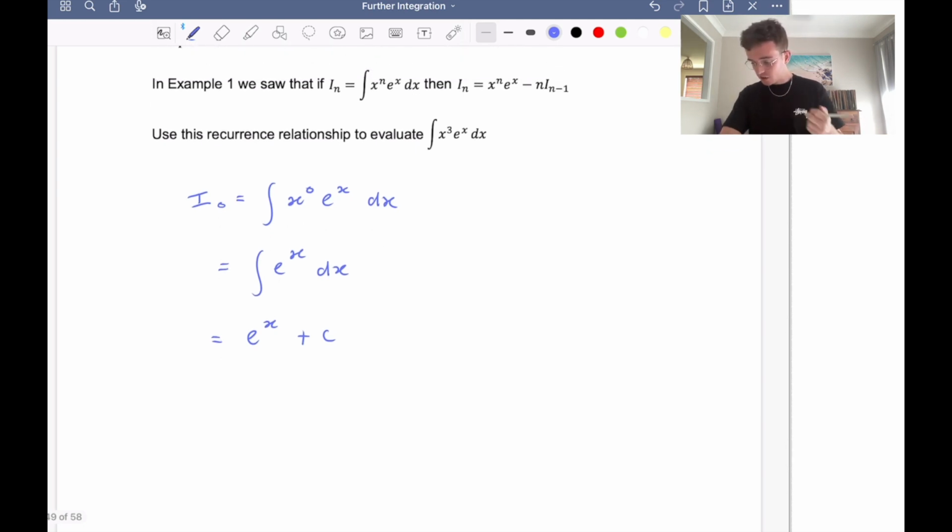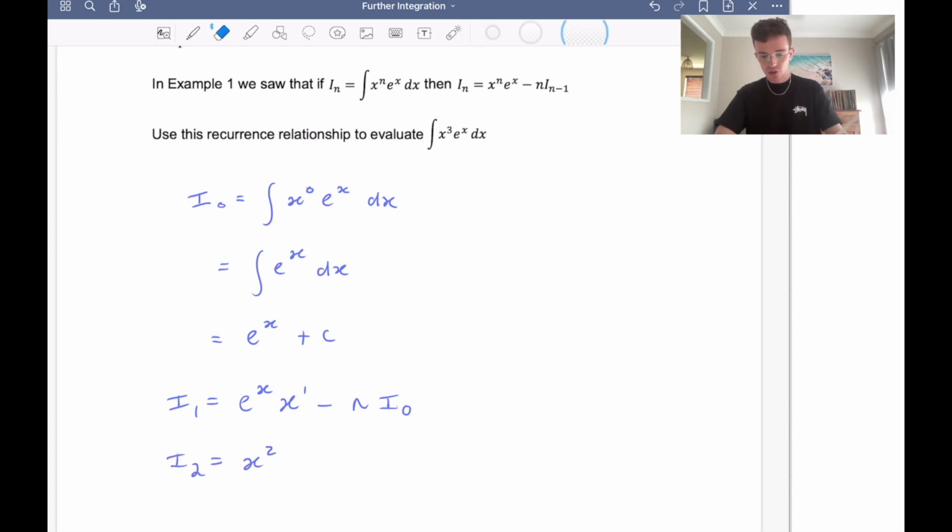So we've found I0. What we're going to do is find I1, I2, and I3. So I1 is equal to e to the x times x to the 1 minus n I0. And we're going to substitute in our I0 at the end. Now I2 is going to equal x squared, and I actually should put an n.